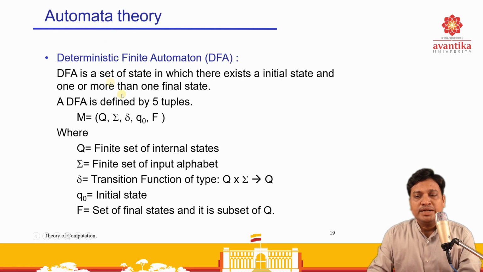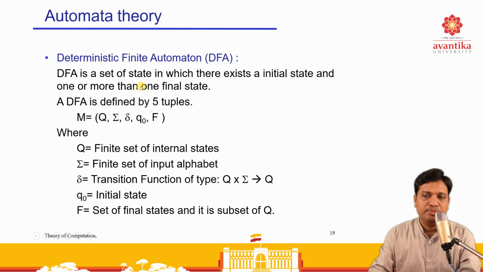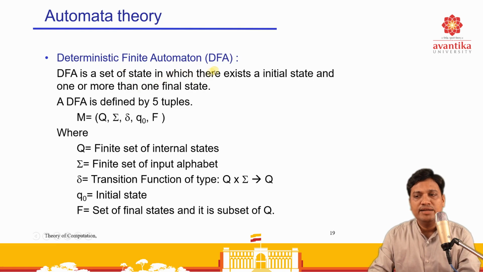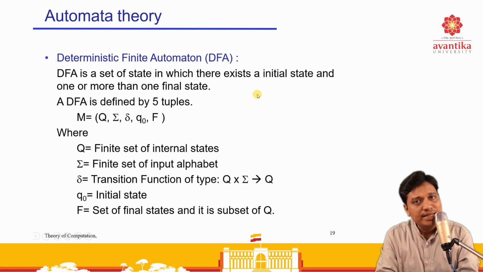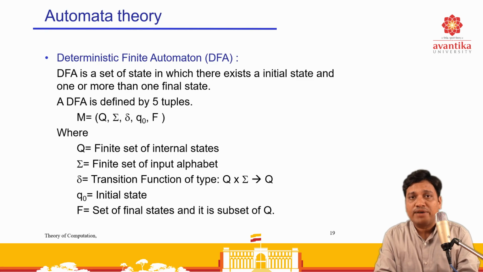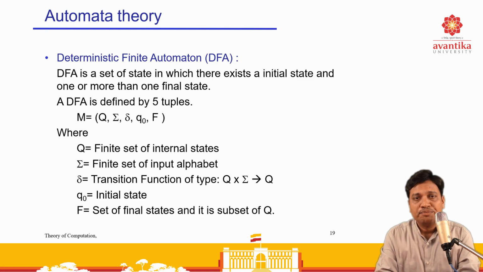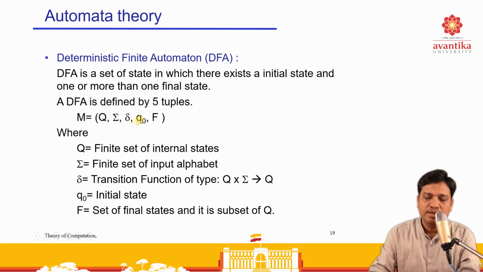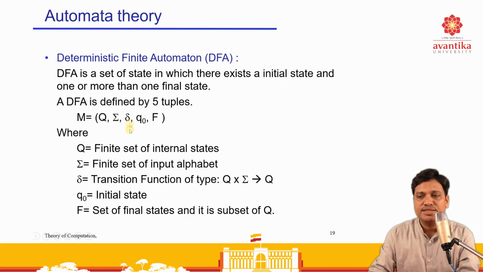See the definition of deterministic finite automata. So a DFA is a machine in which there exists one initial state and one or more final states. The basic setup of a deterministic finite automata: a DFA is defined by 5 tuples. The tuples are Q, sigma, delta, the initial state Q0, and F, the final state.